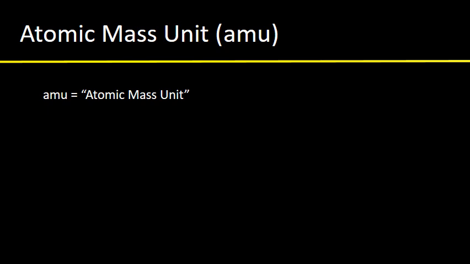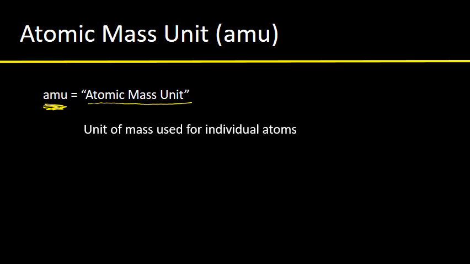All right, so in talking about masses, we've been using AMU, which I just said is called an atomic mass unit. And the atomic mass unit is the unit of mass that we use for describing the masses of individual atoms or individual subatomic particles, right?